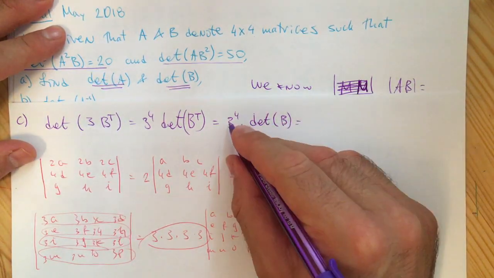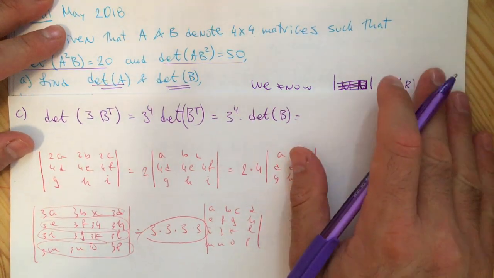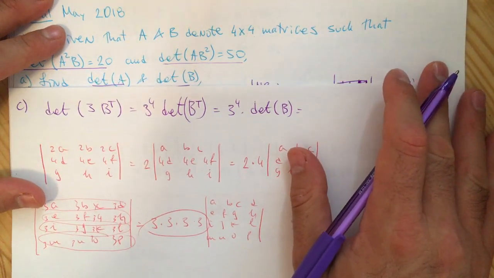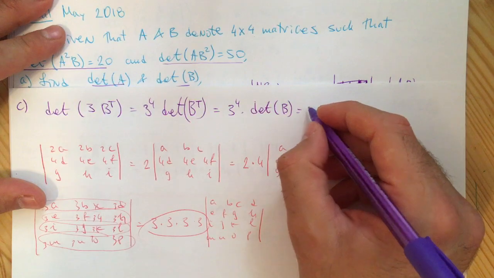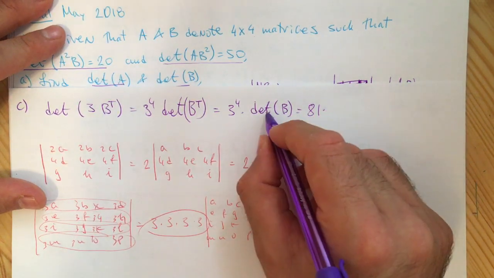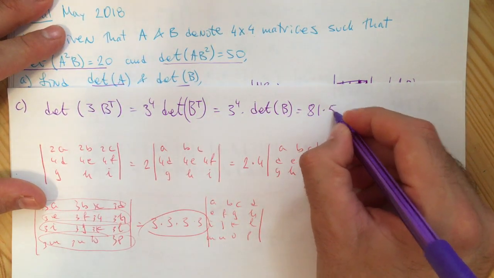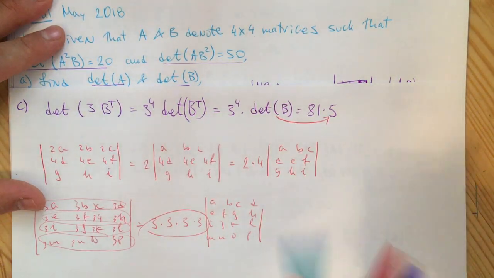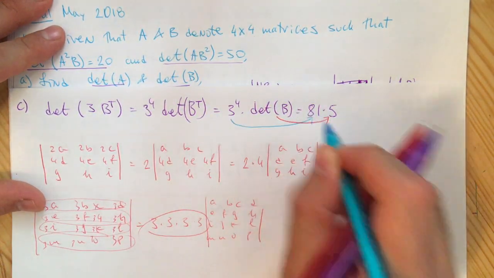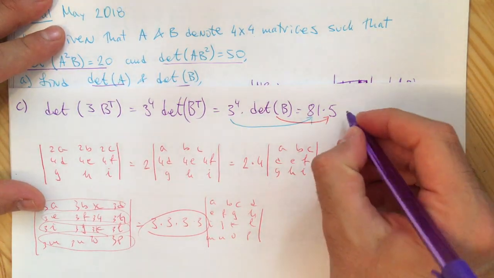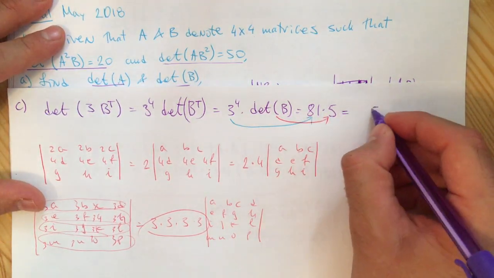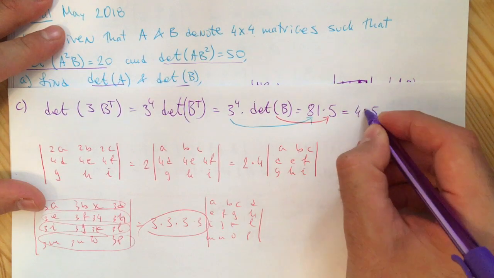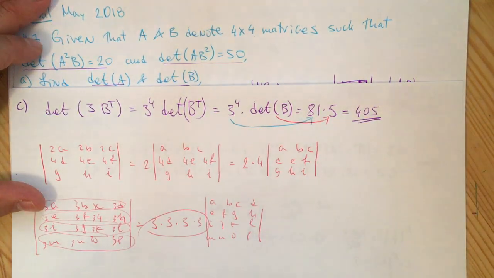So I get 3 to the power of 4, which is 3 squared times 3 squared. 3 squared is 9, so 9 times 9 is 81, times the determinant of B, which is 5. And now you just evaluate this product: 1 times 5 is 5, 8 times 5 is 40, we get 405.